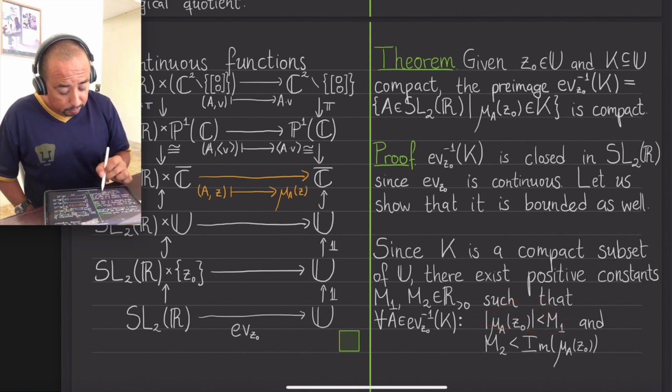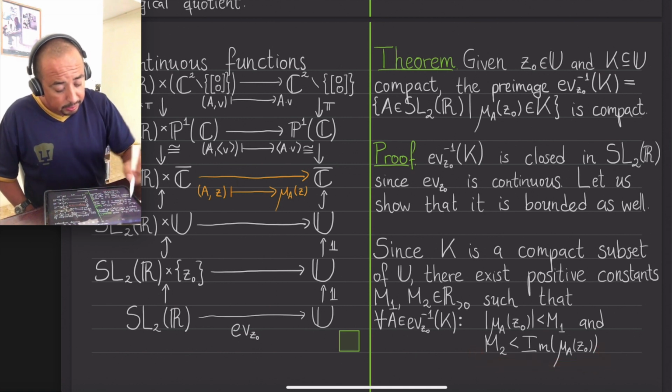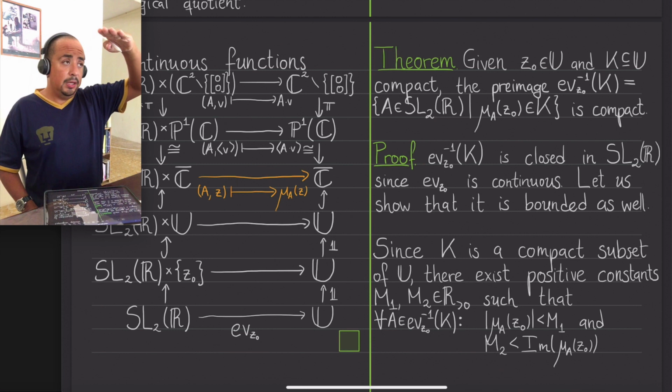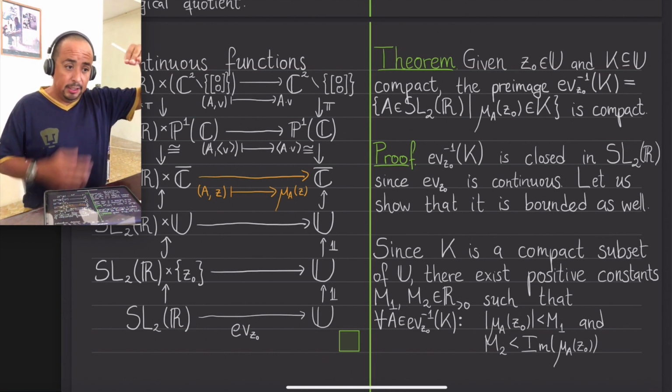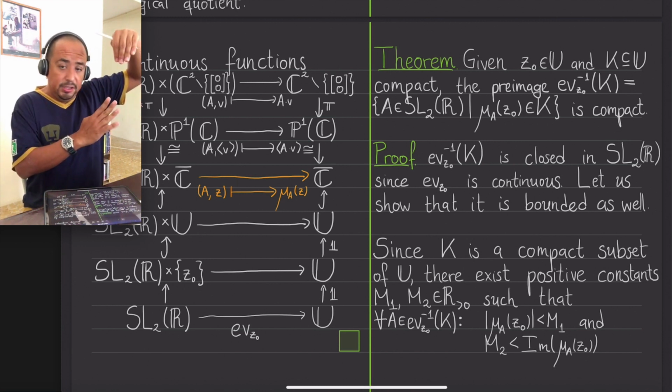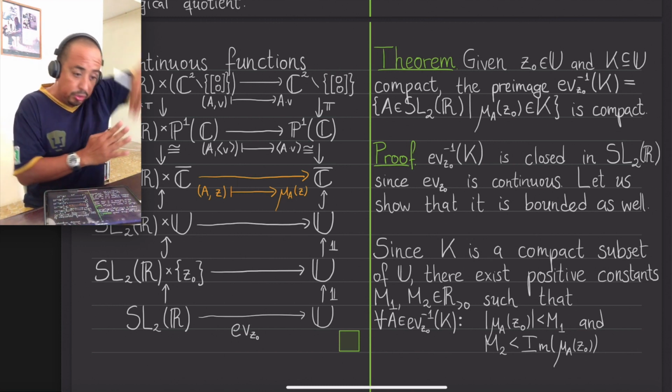But also, you see, the imaginary parts of the elements of U are all positive, but the infimum of all possible imaginary parts of elements of U is 0. But K being compact, the imaginary parts cannot tend to 0, right?